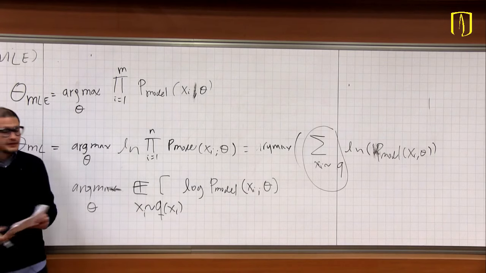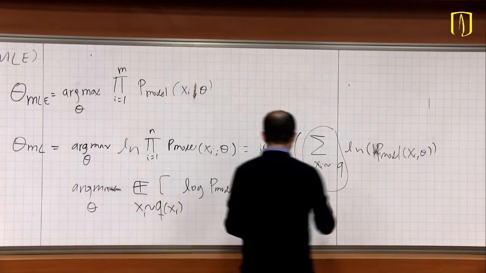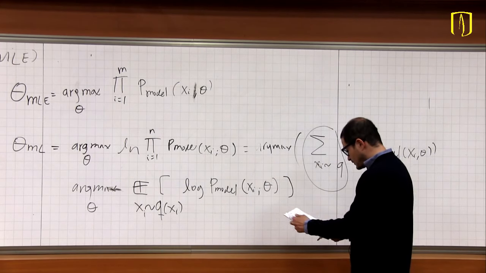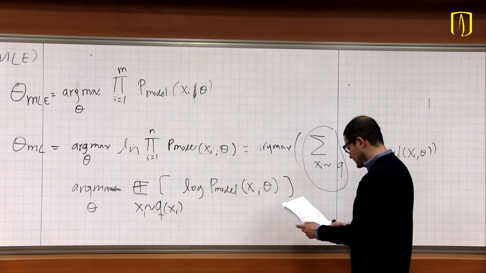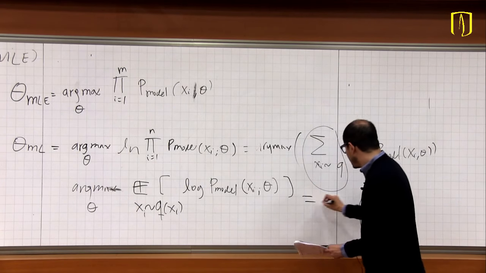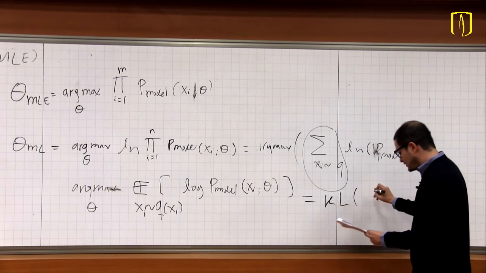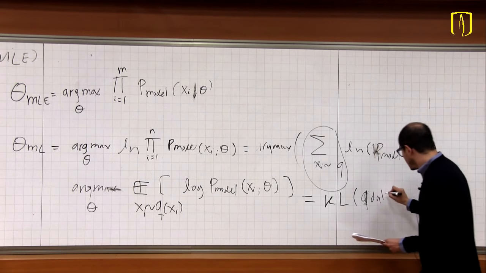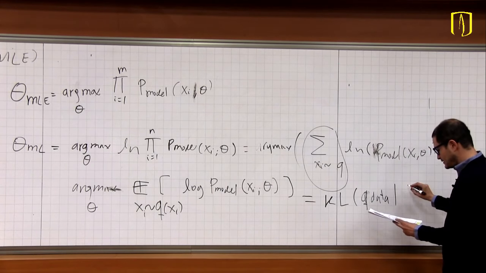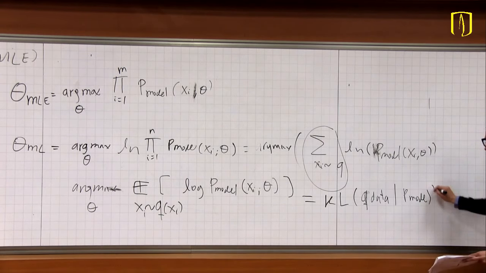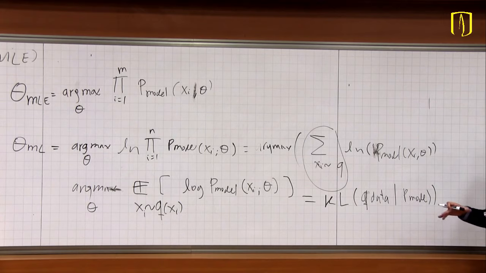And this is called the so-called KL divergence between the Q data and the P model, which is kind of an idea of distance for probability distributions.